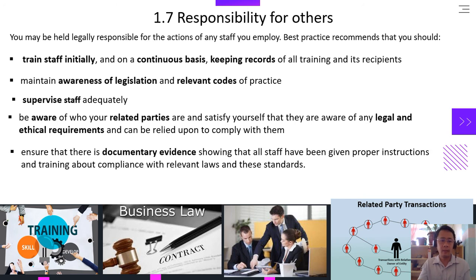Ensure that there is documentary evidence showing that all staff have been given proper instructions and training about compliance with relevant laws and these standards.